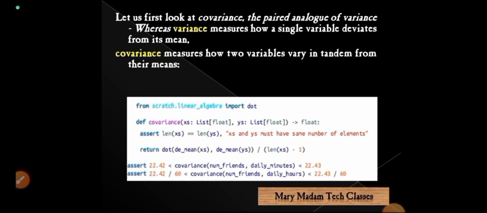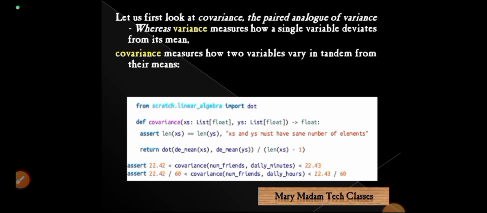Here we are going to see about variance and covariance. Tandem is nothing but front and back: which is the first one and which is the next one, and how they are related to one another.